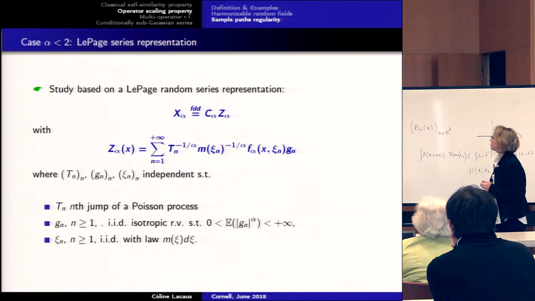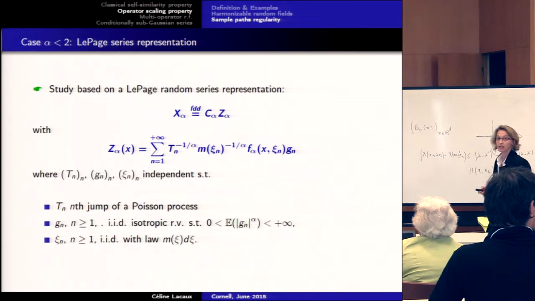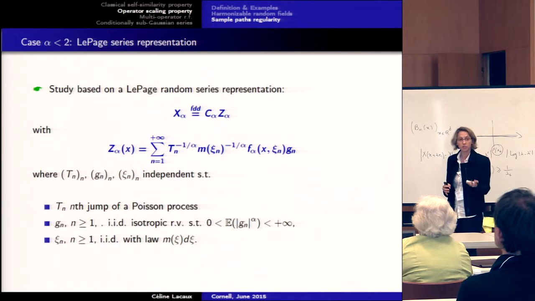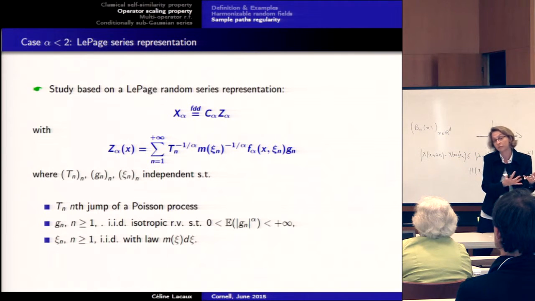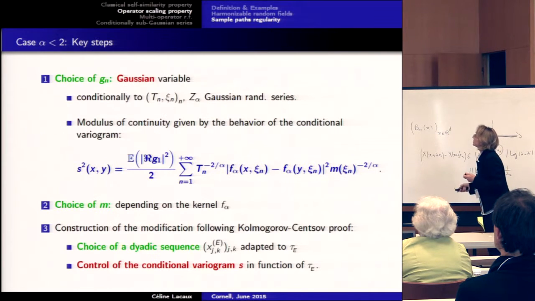So the main idea of Kono and Maejima is to choose Gn as Gaussian. Because if it is Gaussian, then you will condition on Tn and Cn, and you obtain, conditionally to Tn and Cn, a Gaussian process. And the main idea is to study this Gaussian process, its sample path property, and to see that it still holds for X alpha. So that's what I say.